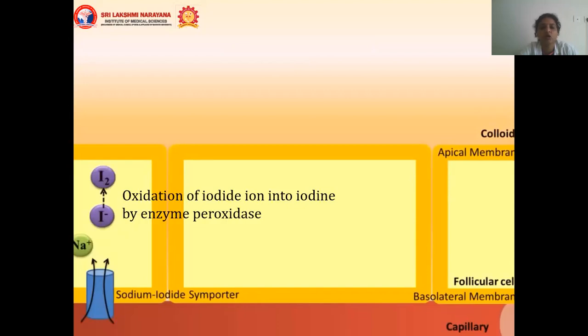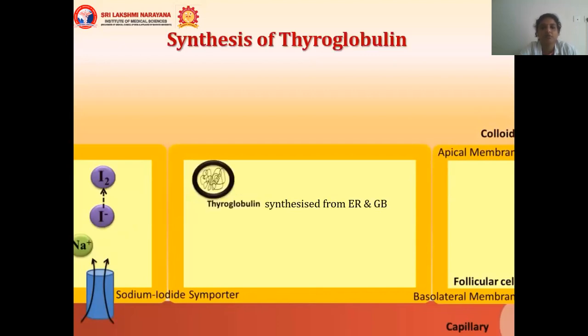So here the oxidation of the iodide ion into iodine by the enzyme peroxidases occurs. So no more is it in the ionic form, it becomes the iodine molecule. In the meanwhile, there is also thyroglobulin which is getting synthesized inside the follicular cells.